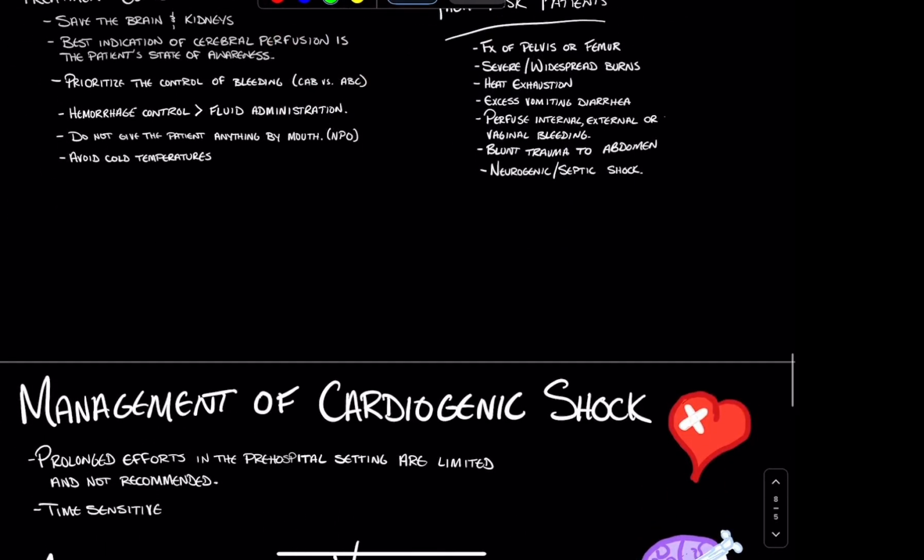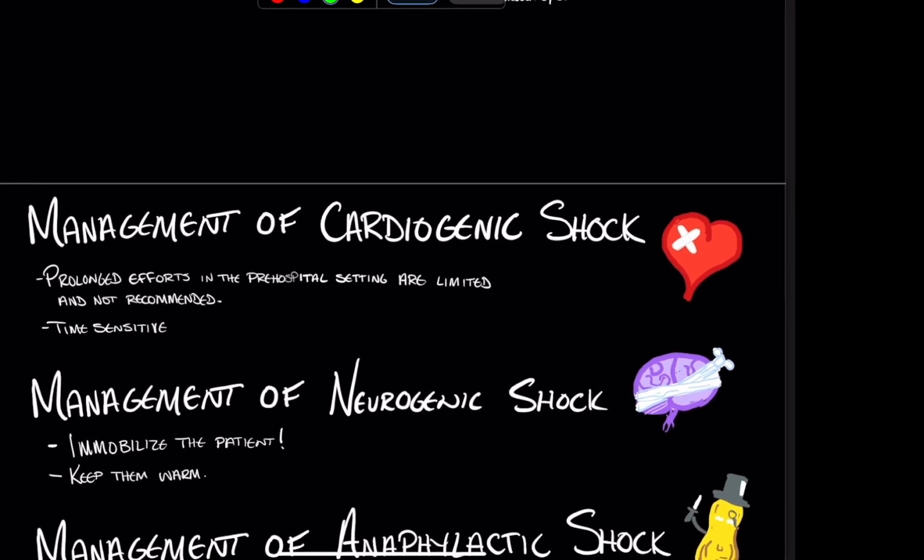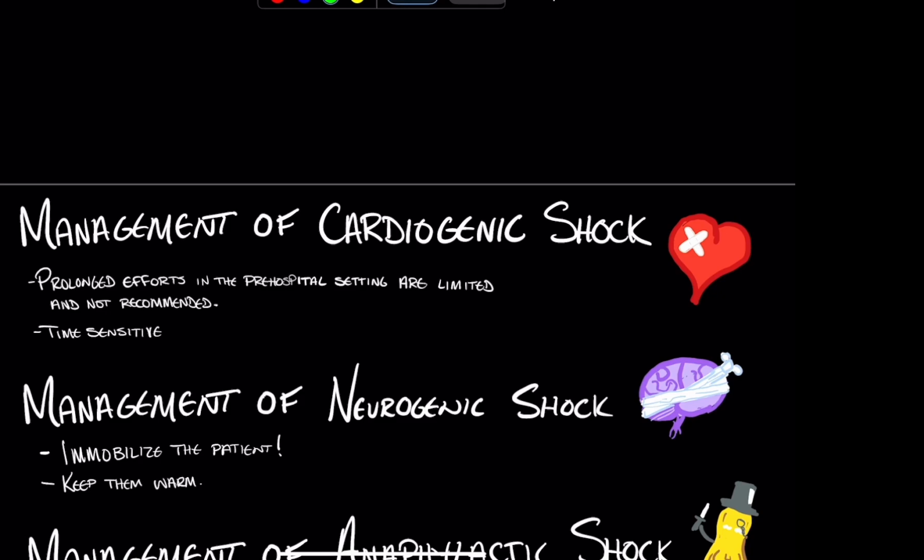So when we're talking about management of these different shock states, there's just a few pointers that the slideshow had for each one. So for cardiogenic shock, we don't really have good mechanisms to resolve this in a pre-hospital setting. There are some tools we have in the ACP scope, but as a PCP, we really are limited to, if the patient's VSA and in a shockable rhythm, we can resolve that dysrhythmia.